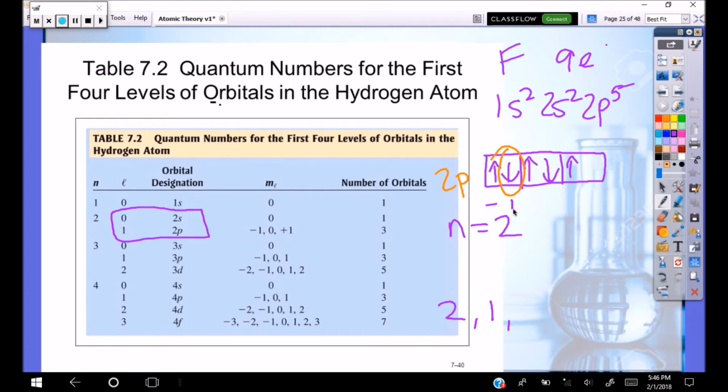So I've got -1, 0, and 1. Which box is that electron in? It's in -1. Okay. And then is that electron pointing up or down? It's pointing down. So my set of quantum numbers for that particular electron would be 2, 1, -1, and -1/2. Not too bad.